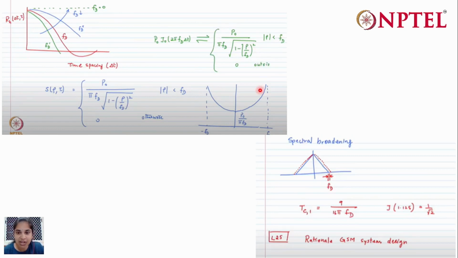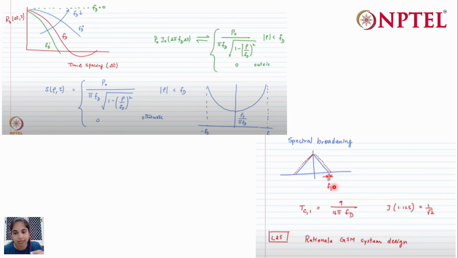Now this fading was understood to be a multiplicative factor, and hence in the frequency spectrum we have a smearing because of this FD, which was called spectral broadening. The more your FD is, the more smeared your spectrum becomes.